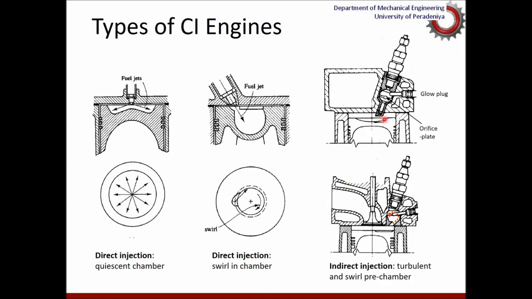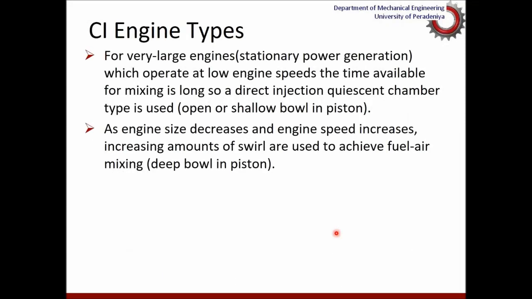And of course, in indirect injection, there is a pre-chamber where the injection and combustion take place initially, and the burnt gases will come out to the main combustion chamber afterwards.